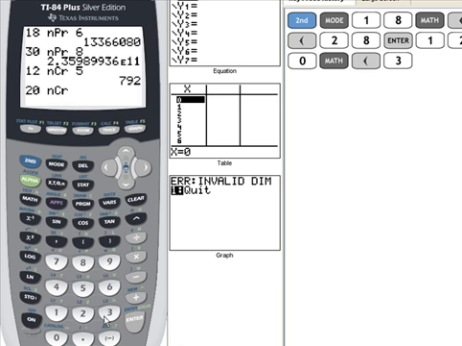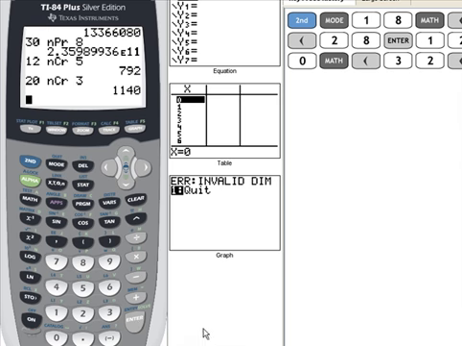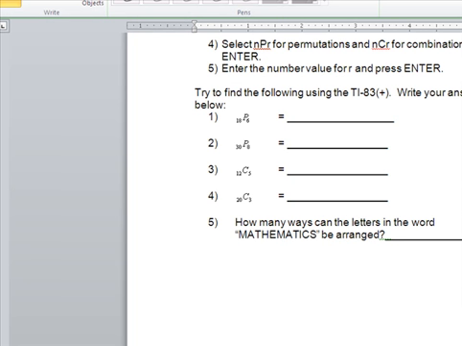Okay, how many ways can the letters in the word mathematics be arranged? So we have to count the letters. 1, 2, 3, 4, 5, 6, 7, 8, 9, 10, 11. So we have 11 factorial over, let's see, we have 2 M's. We have 2 A's.